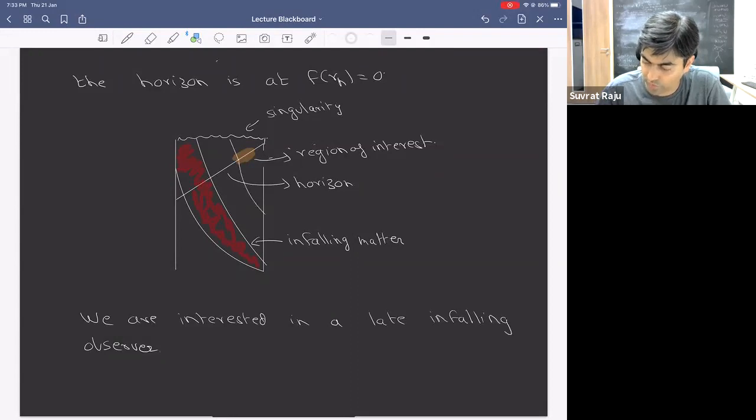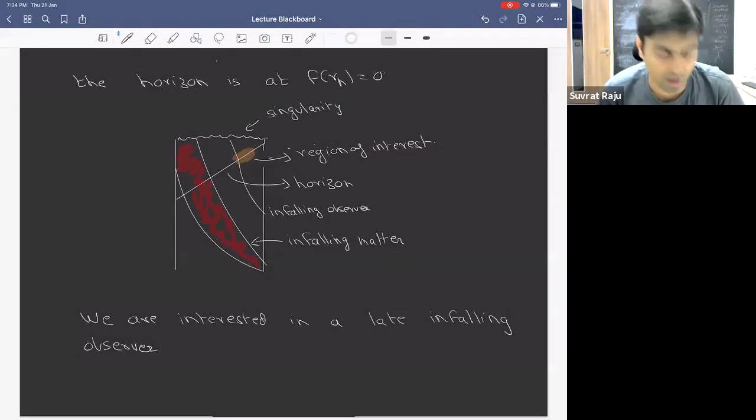The late infalling observer starts from here. So I now have lots of white lines, but here's my infalling observer. The observer starts from here, then intersects this region of interest, and then goes and ends the person's life at the singularity.